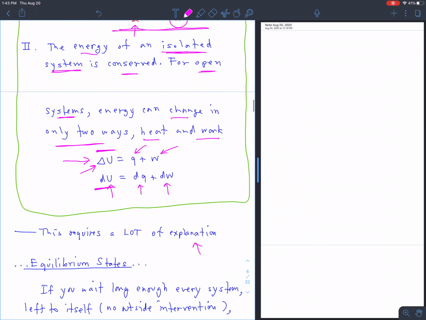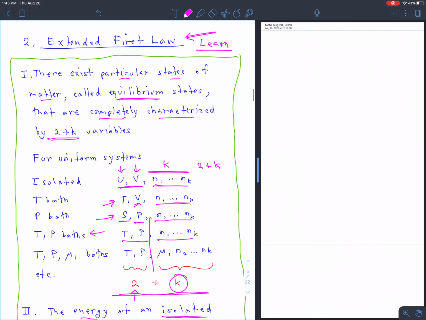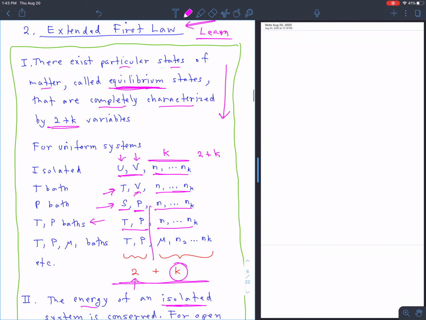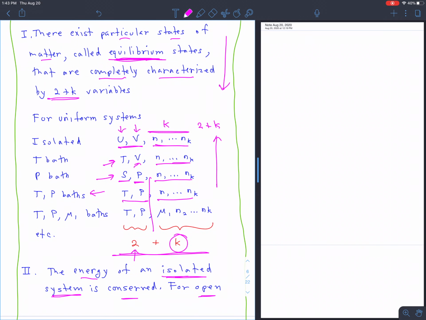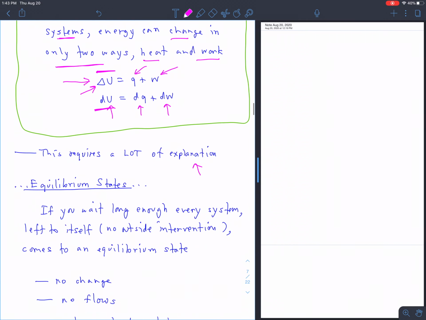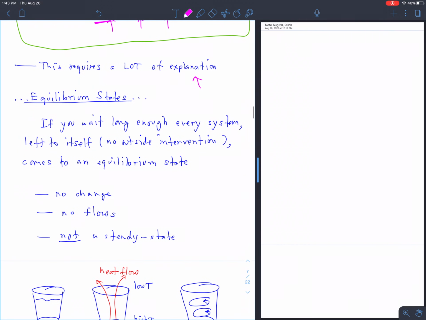The first thing is, up here, it says that all this stuff is only true for equilibrium states. All this stuff about 2 plus k variables, so 3 or more variables, that's only true for equilibrium states. An equilibrium state is a particularly simple state of matter. And it's the state you get if you just wait long enough without intervening or doing anything from outside.